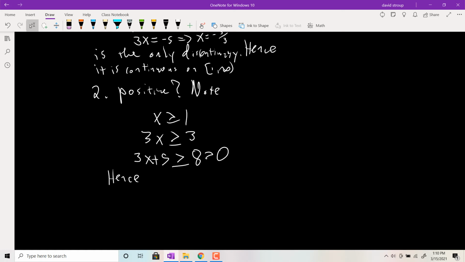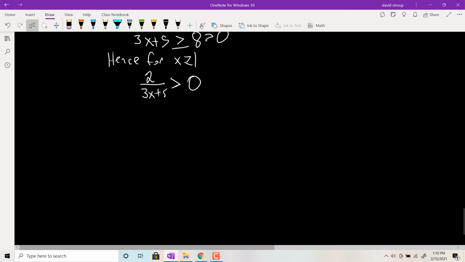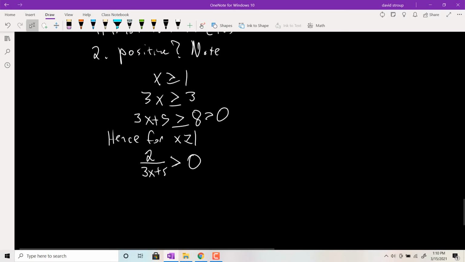Hence, for x greater than or equal to 1, with the numerator 2, 2 all over 3x plus 5 will be greater than 0, because it's always a positive divided by a positive, which is positive. Please note 0 is neither positive nor negative. 0 is even, but it's not positive nor negative. So yes, it is positive.